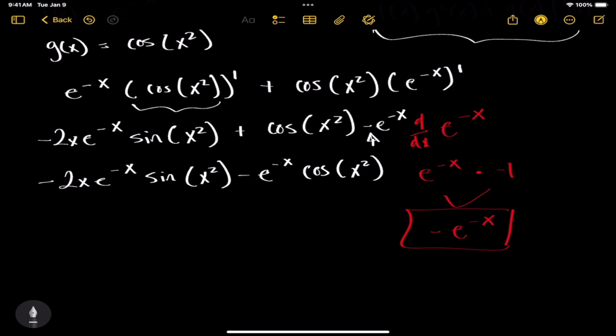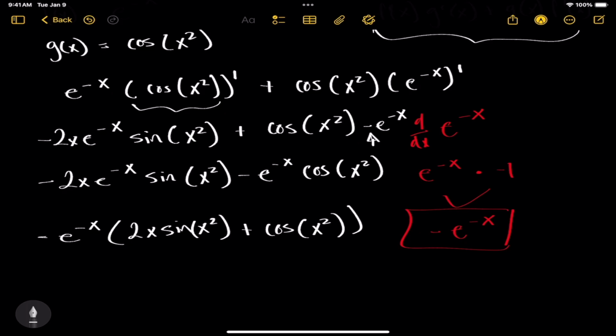So what that would look like is e to the negative x, and I guess you can transfer out the negative too. It will look better without the negative inside as the first term. So once you do that, you have 2x sine x squared plus cosine x squared, and then close parentheses. And that is your final answer for the first problem.